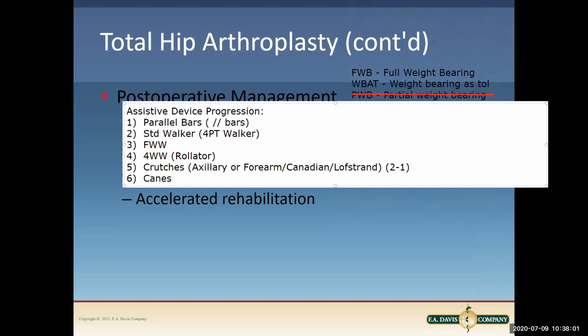And we can talk about 2 canes, 3 canes. We can talk about a 4-point cane. We can talk about a 2-point cane. The only cane that I will never, ever recommend to a patient, have you guys seen the Hurricanes yet? I have a problem with them. The point of having a cane is having stability. I like the idea that the cane can stand up on its own.